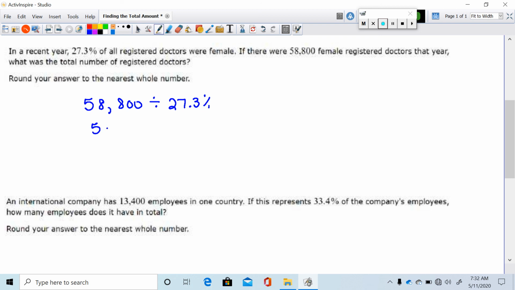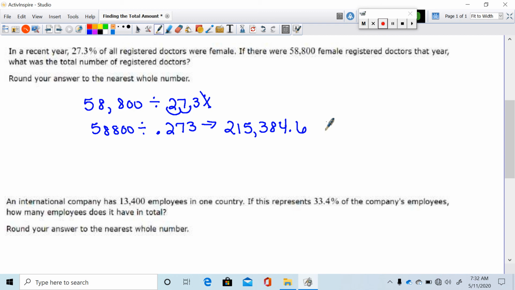So that means we're really taking 58,800 divided by, to get rid of the percent, you move the decimal 2 places to the left. So it's going to be in front of the 2. So 0.273. When you do that, you get 215,384.6.